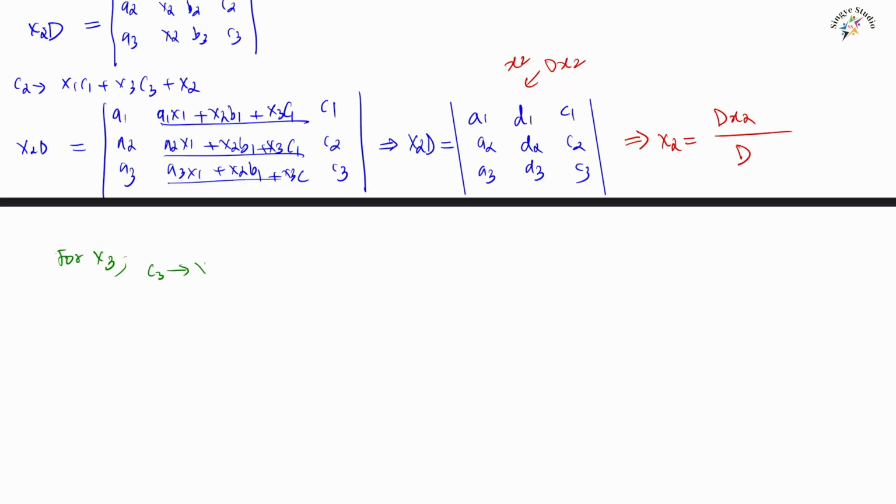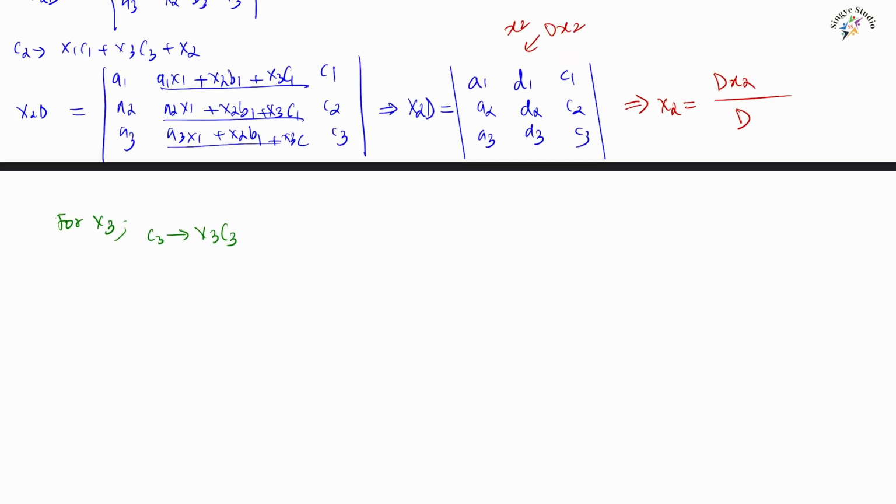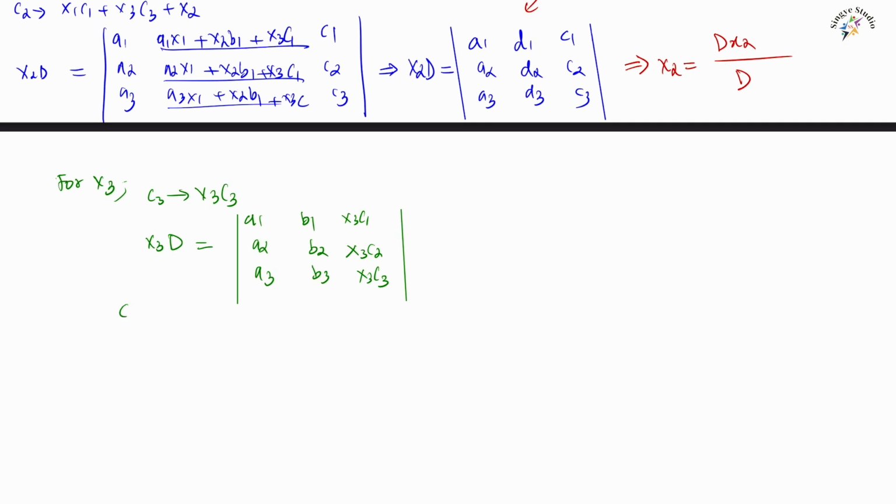c3 becomes x3 c3, okay? So we'll get x3 times D equals the determinant of a1, a2, a3, b1, b2, b3, x3 c1, x3 c2, x3 c3, okay? And similar to this, I will operate this c3 by multiplying x1 with c1 plus x2 with c2 and adding to c3, okay?